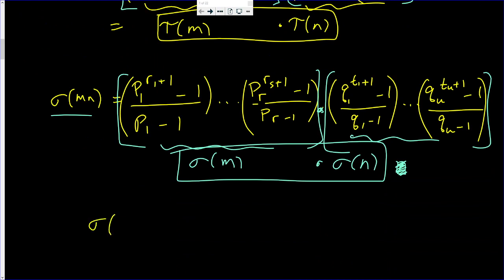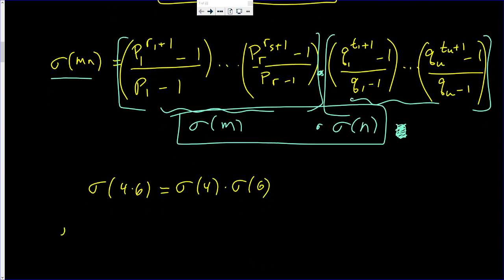Like sigma of 4 times 6. Does it equal sigma of 4 times sigma of 6? Well, let's see. What is sigma of 24?